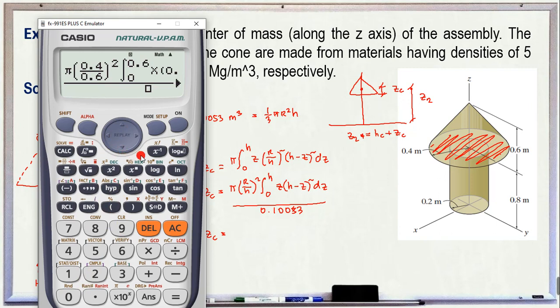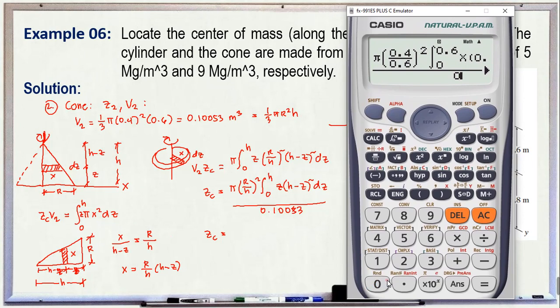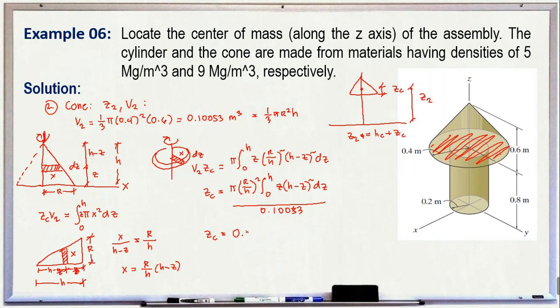Okay, then for V2, write the value for V2, we have 0.10053. So we have a Z sub C value of almost 0.15. This is not yet the centroid of the cone with respect to the origin.